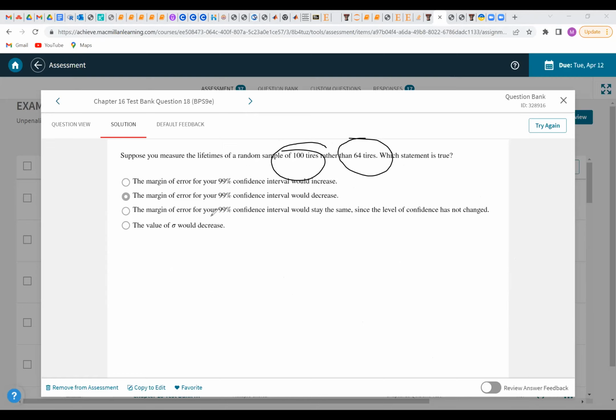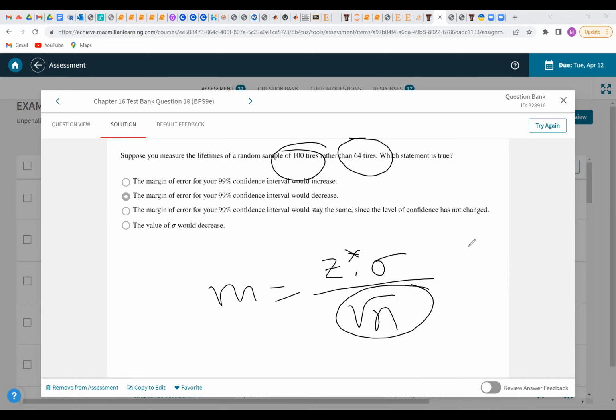So the margin of error, we have m is equal to z star sigma over square root of n. Oh, sorry. Here we increase the sample size.